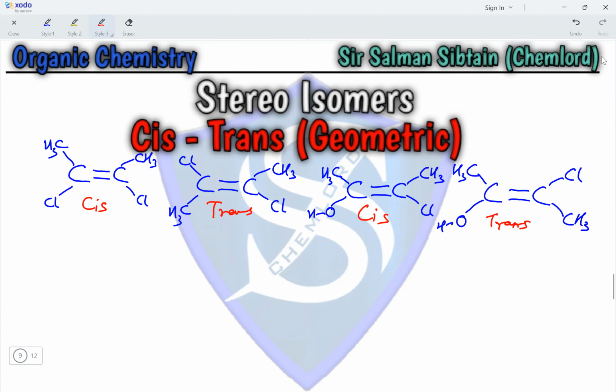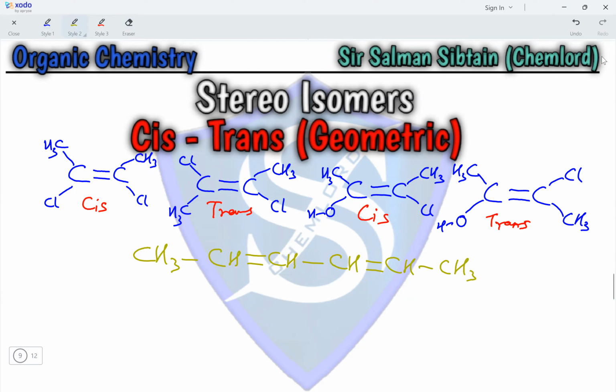Now let us consider molecules in which we've got more than one double bond present capable of showing cis-trans isomerism. So a molecule of CH3 CH double bonded to CH, single bonded to a CH, double bonded to a CH, and then single bonded to a CH3 group.